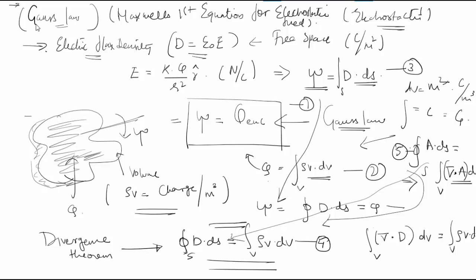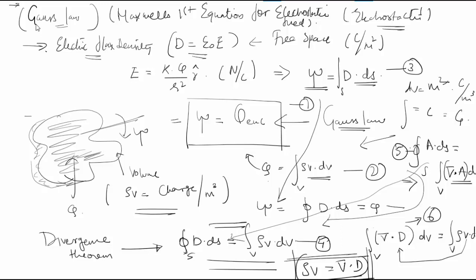So this is my sixth equation. Based on it, the volume charge density is equal to the divergence of my electric flux density.